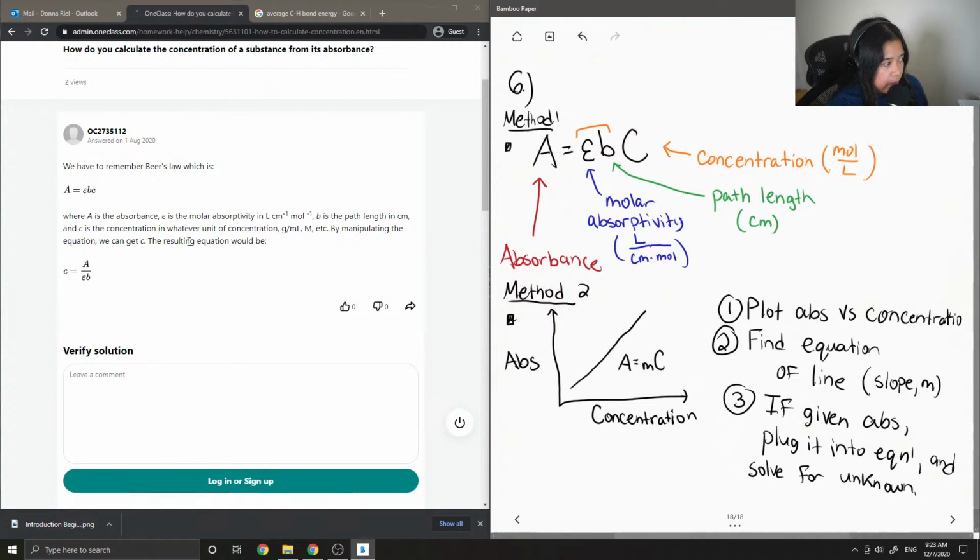So the junior tutor said, we have to remember Beer's law, which is absorbance equals molar absorptivity times path length times concentration. By manipulating the equation, we can get concentration.